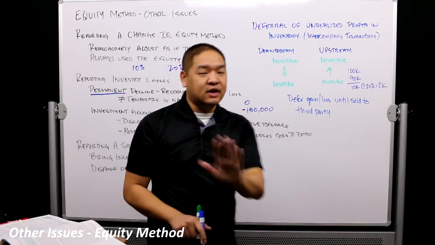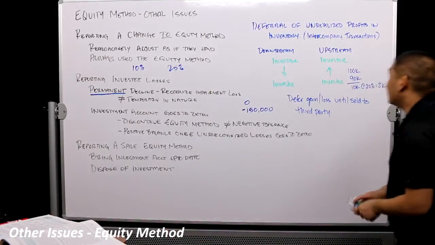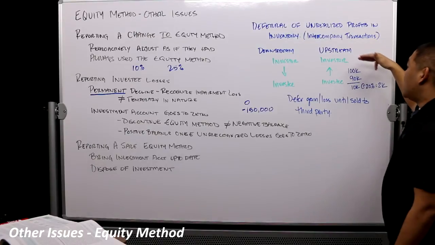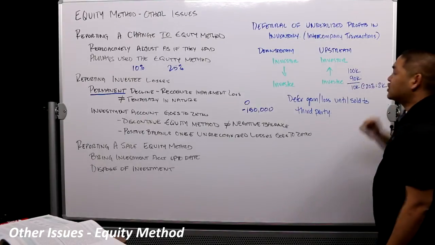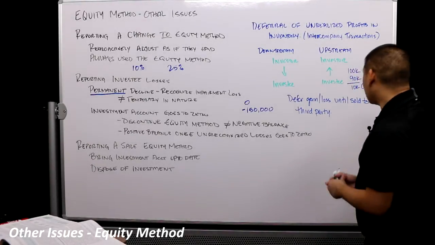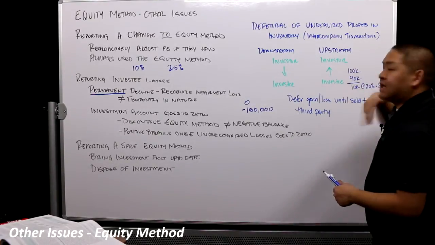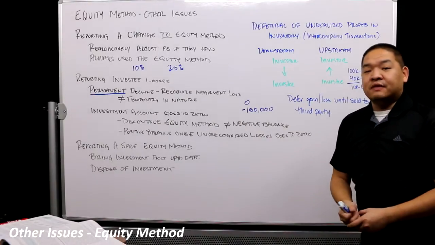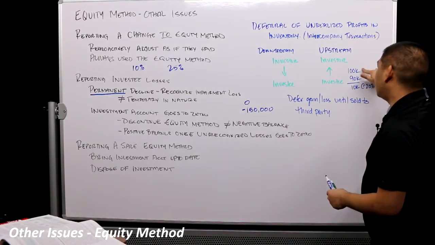So let me give you a quick example of how this works. Let's assume we have an upstream sale, so the investee sells to the investor $100,000 worth of goods. The investor then sells out to their customers. They've sold $90,000 of the $100,000.